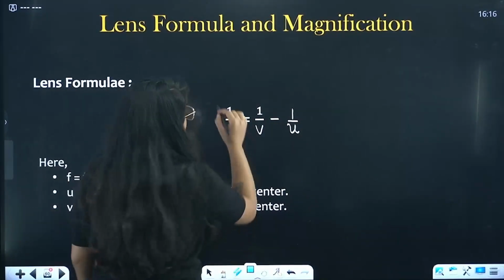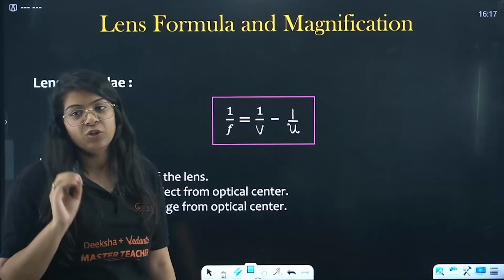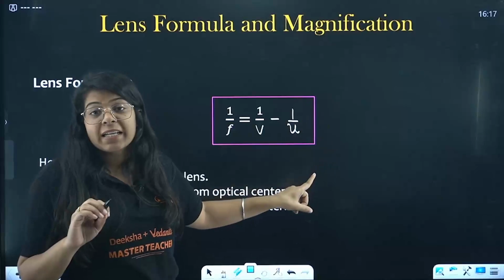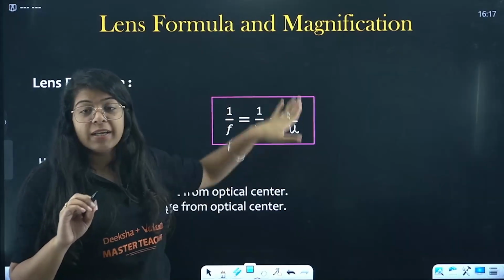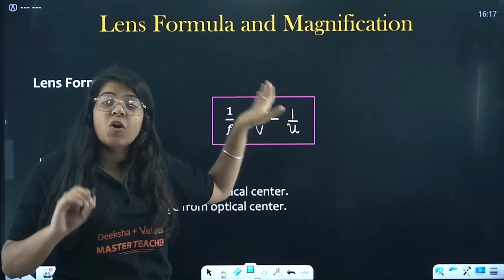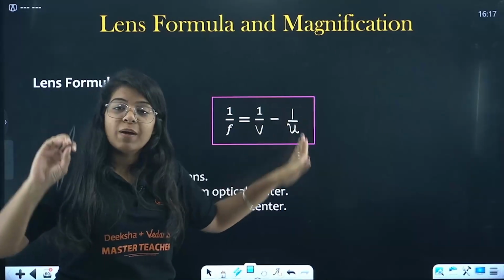But here you will have 1 by V minus 1 by U equals 1 by F. F is focal length, V is image distance, U is object distance. Negative and positive signs are all related to those sign conventions. If you are confused, you want practice, join the live sessions and we will do all the numericals there.